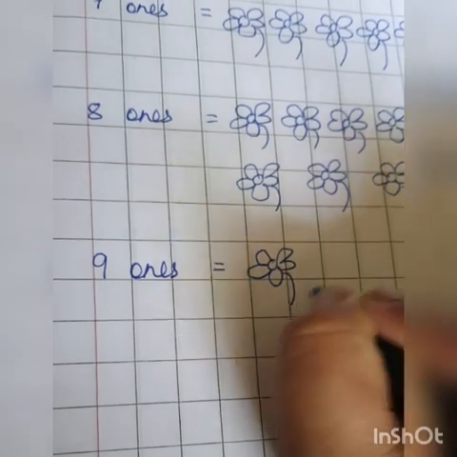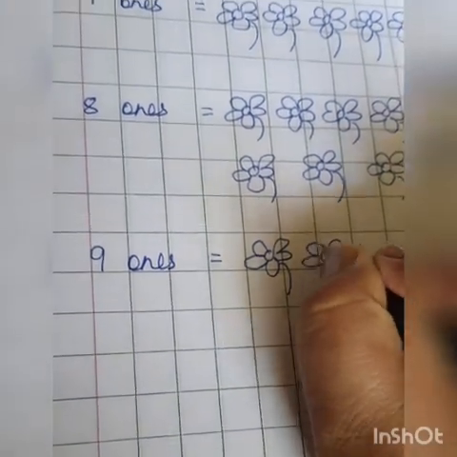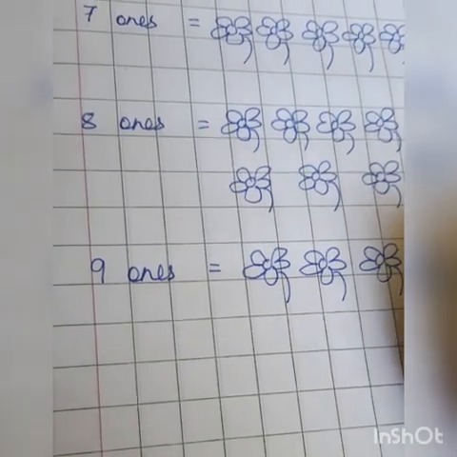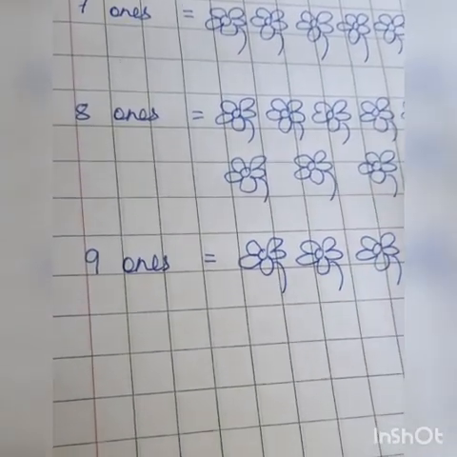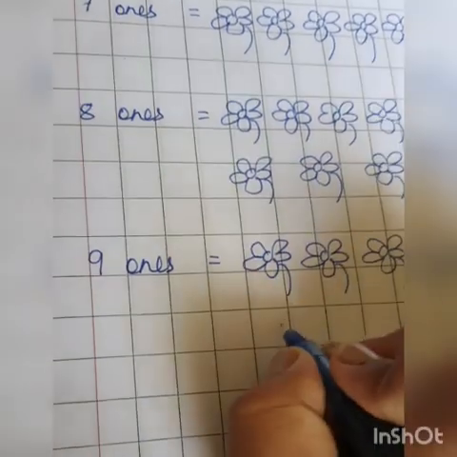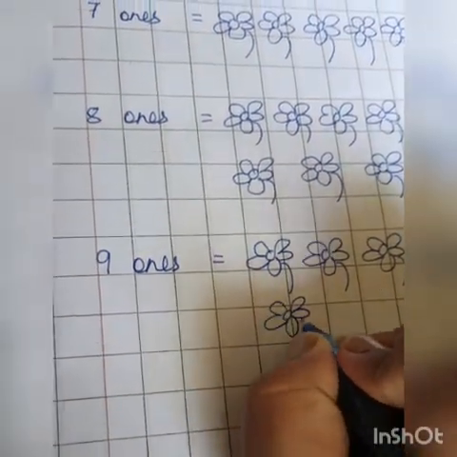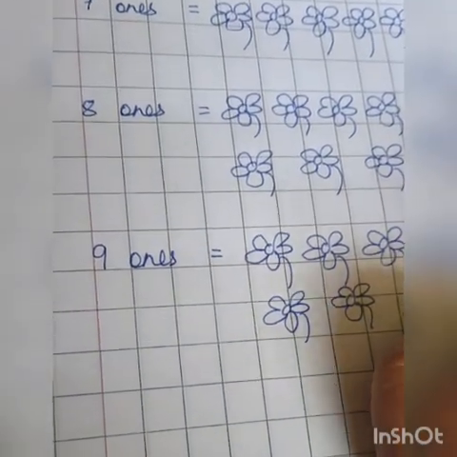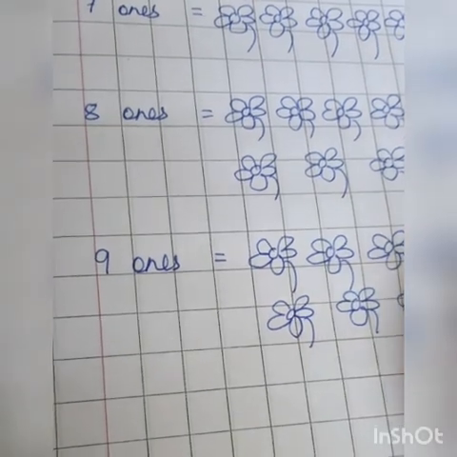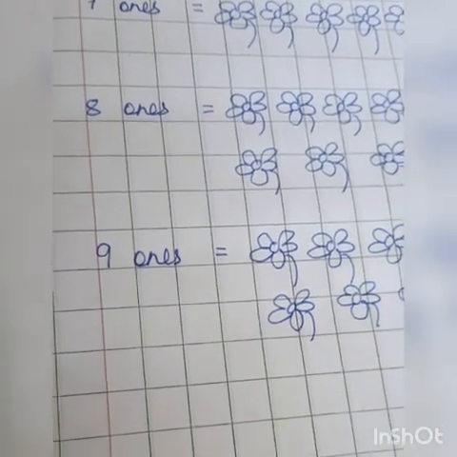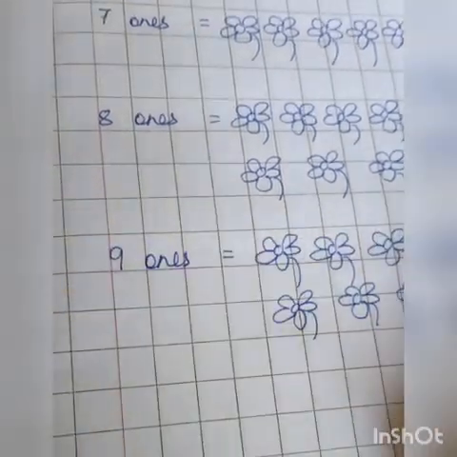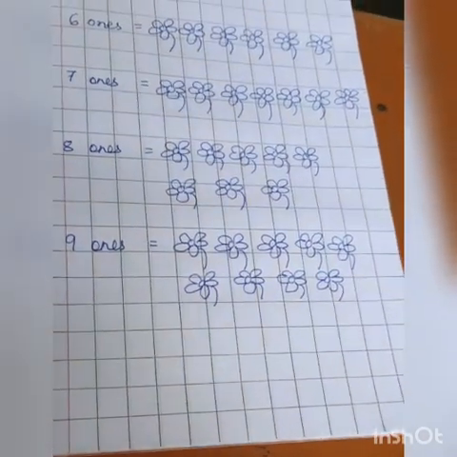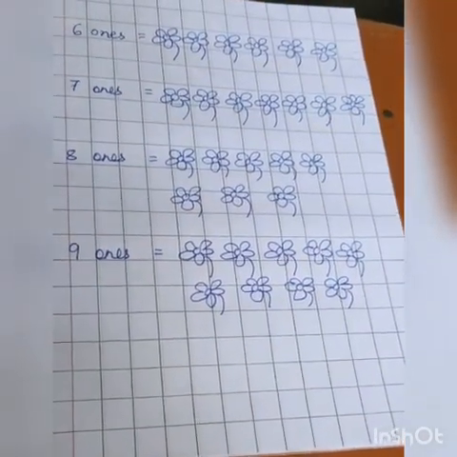Once again I'm going to draw 9 flowers. 3, 4 flowers, 5 flowers, 6 flowers, 7 flowers, 8 flowers, 9 flowers. So how many flowers do we have? 9 flowers. Can you see that?